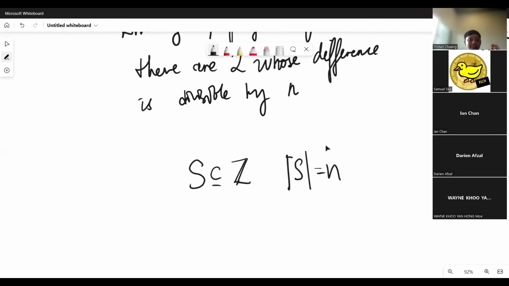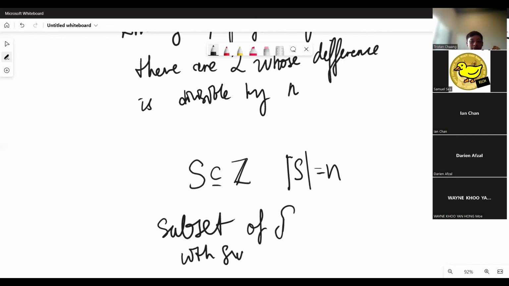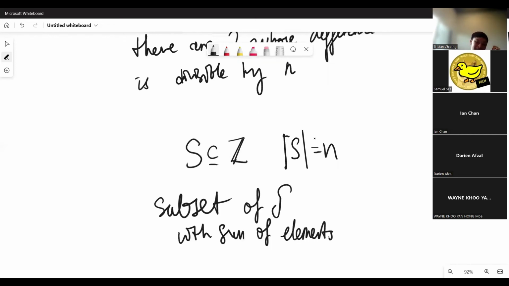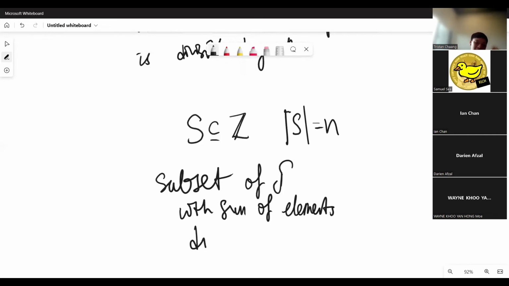There is a subset, a non-empty subset, of course, of S with sum of elements divisible by n. Why is that? Well, I can just say a subsum divisible by n.